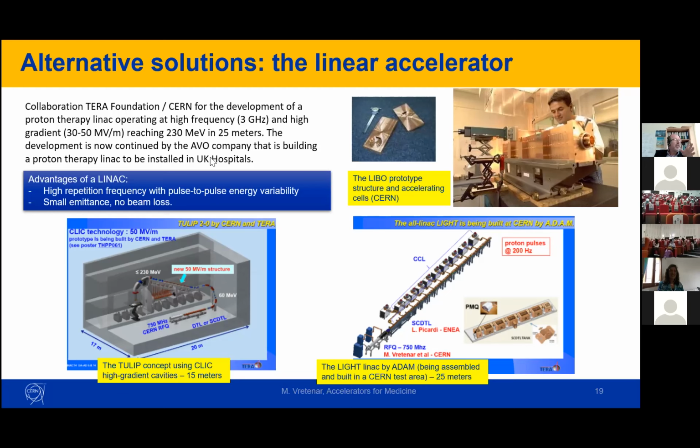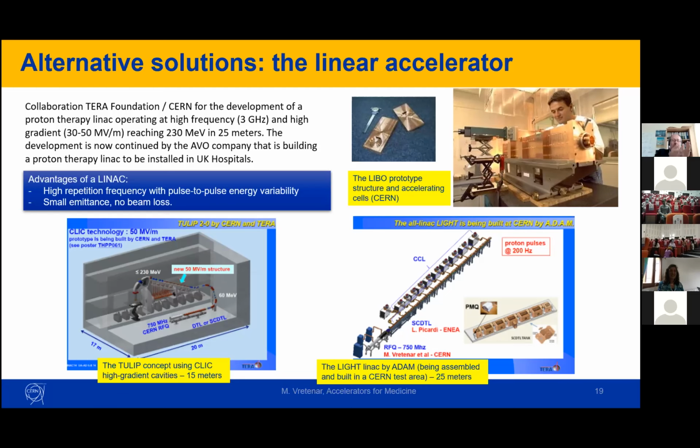The advantage of a LINAC is the following. I told you that accelerators always work in bunches. In a synchrotron, you have a certain number of bunches, and then you have to ramp the magnets up and down, so you have a big hole between different trains of bunches.